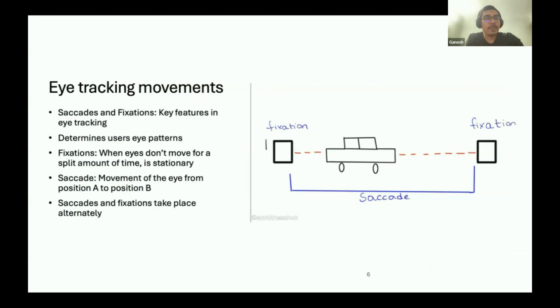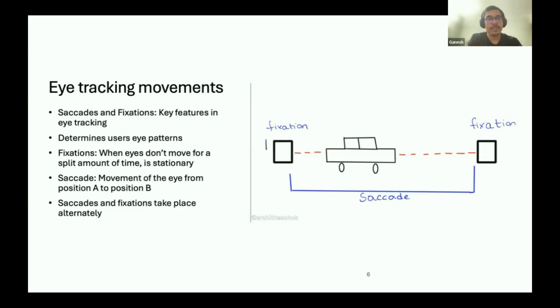So the main eye tracking movements are saccades and fixations. A saccade is a movement between two points of an eye, and a fixation is a single fixated point of an eye.